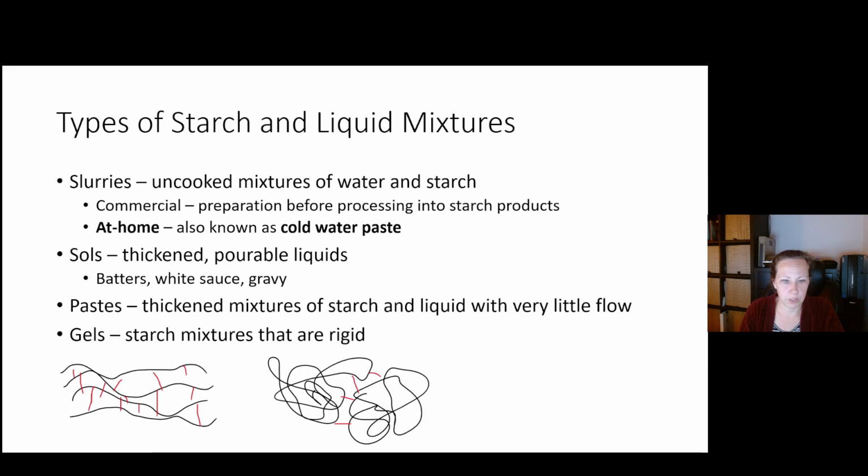The last picture here is a mixture. So we have amylose and amylopectin, which is a little bit more realistic. We're not going to have just one or just the other. But you can see, even with the mixture, if we have more amylose, we get more bonds.